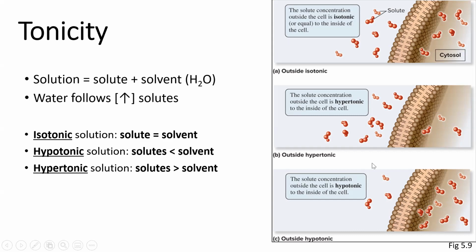Now let's say that we place a cell into a hypertonic solution. What's going to happen? Well, in a hypertonic solution, hyper meaning more, tonic, the solutes, you have a higher concentration of solutes on the outside of the cell than you do on the inside of the cell. Therefore, where's water going to go?